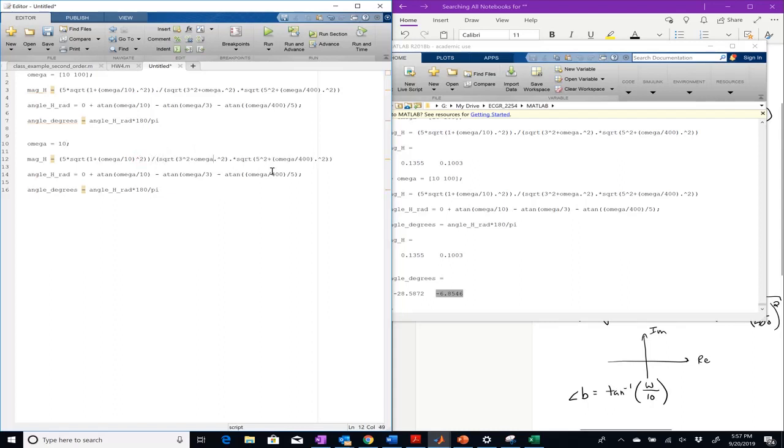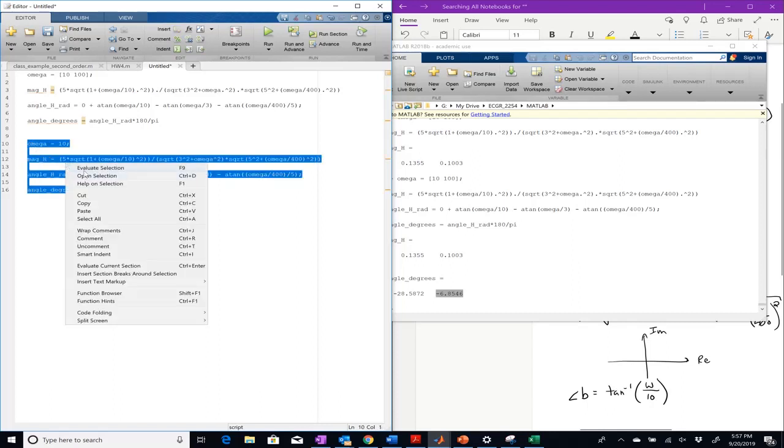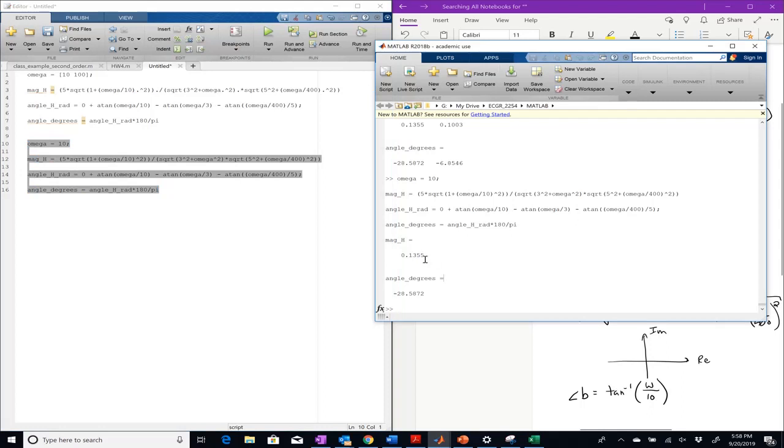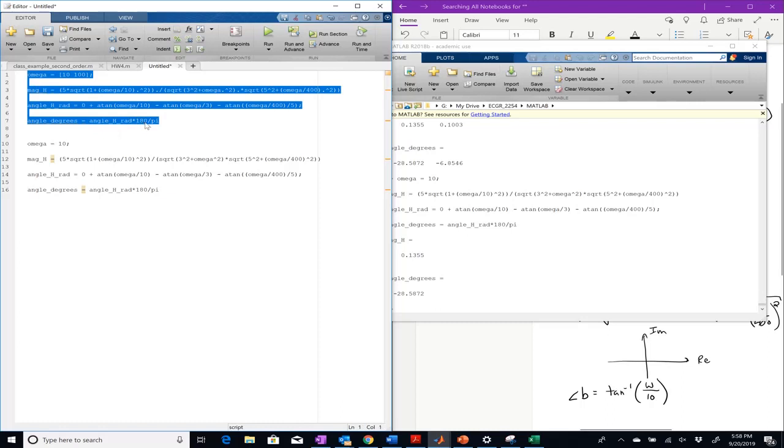So I take rid of all those dots because I'm just dealing with one number. And I evaluate this. And you see that I get the same answers that I got before for the first entry. And then I could do it again, and I could just plug in omega equal to 100. Right? This would be the way that I would probably recommend doing it.